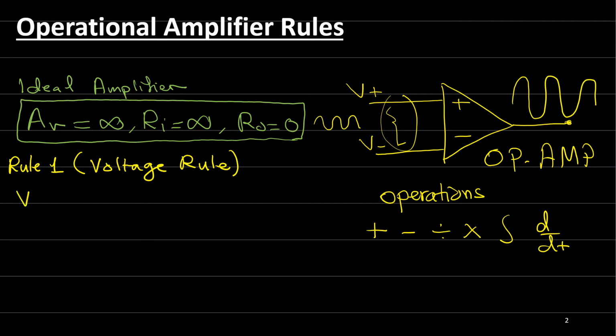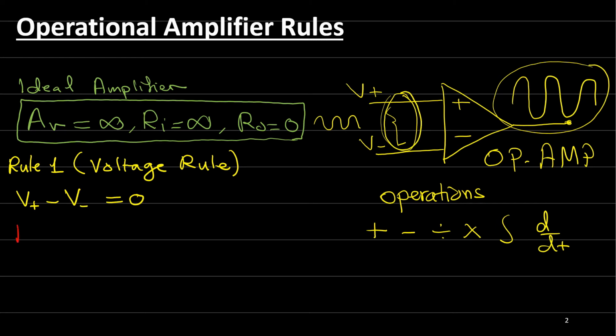So V plus minus V minus is equal to 0. So this is rule number 1. So as if we said that we have output here, this output signal modifies itself in order to make the difference between these two inputs to be 0. Okay, so this is rule number 1.